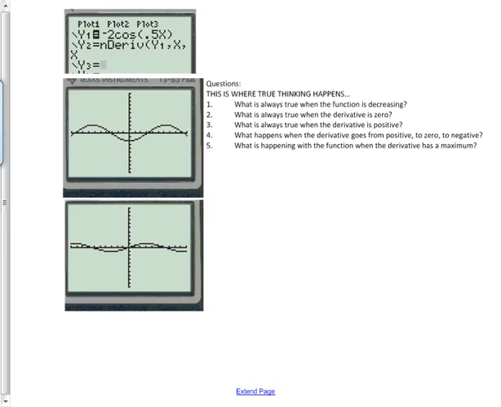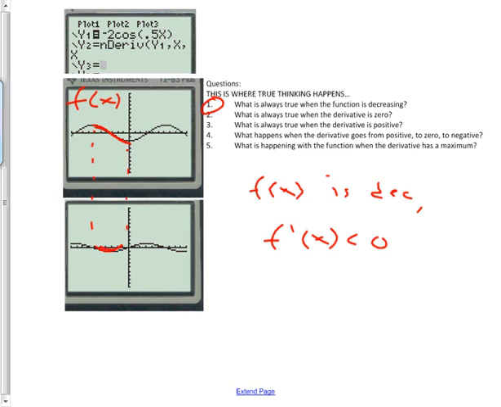Okay, so let's look at another function and answer these questions. Again, what is always true when the function is decreasing? Here's f of x, here's a point where it's decreasing. We said when f of x is decreasing, we expect that the derivative function should be less than 0. Is that true? Looking at the corresponding values, it is in fact below the x-axis.